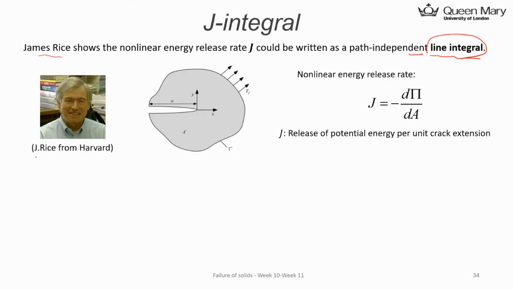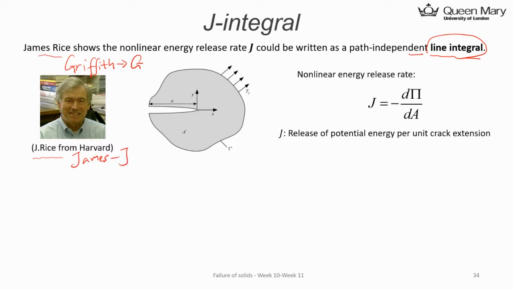I think he is probably the most famous person in the mechanics field at this moment, similar to Griffith. Griffith has died, and G is for Griffith, while the J integral is for James.